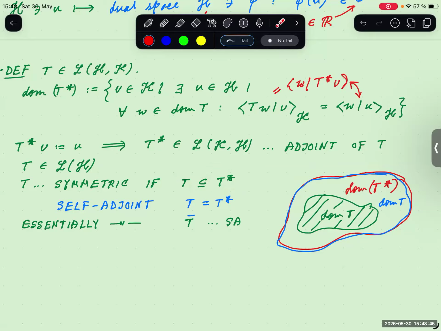And that is called a symmetric operator, unfortunately. Sometimes this is called self-adjoint in physics textbooks, which is definitely not true.